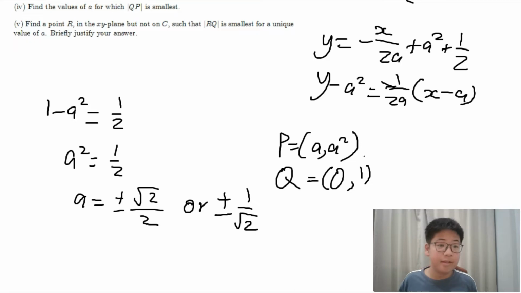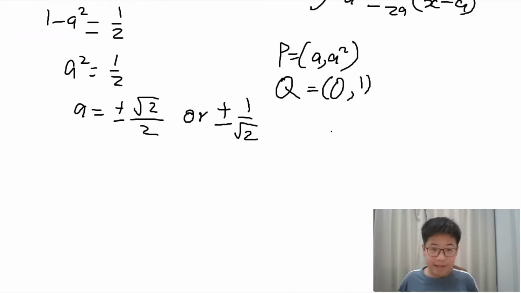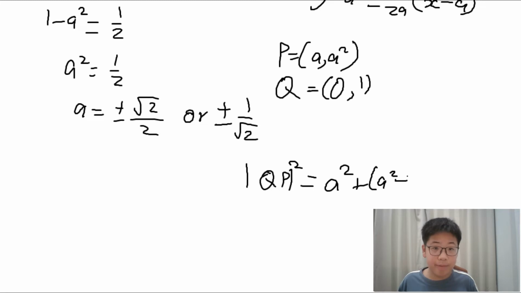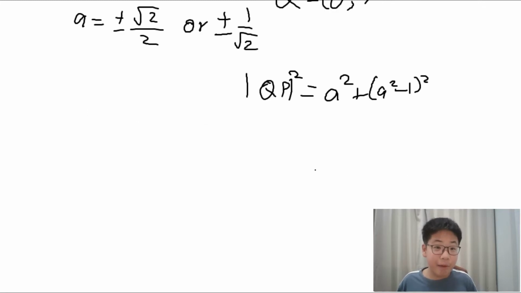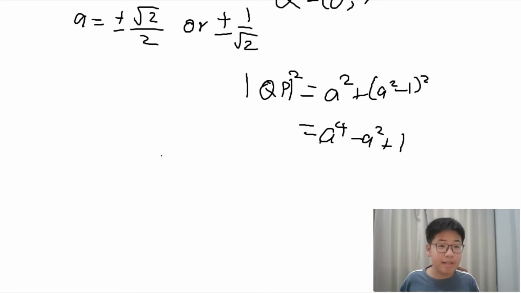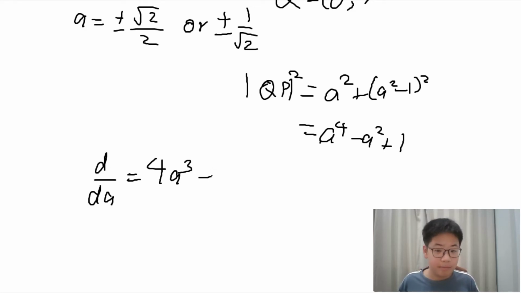So the Euclidean distance, mod QP squared, equals a squared plus (a squared minus 1) squared, which you can expand to become a to the 4 minus a squared plus 1. This can be differentiated to get 4a cubed. So let's write d over da equals 4a cubed minus 2a equals 0.